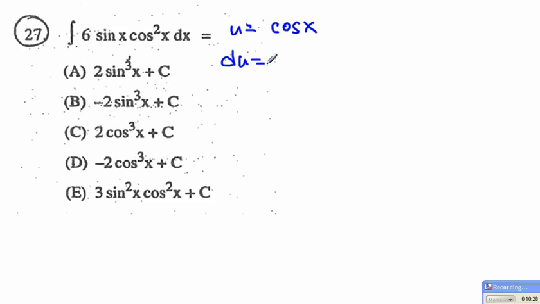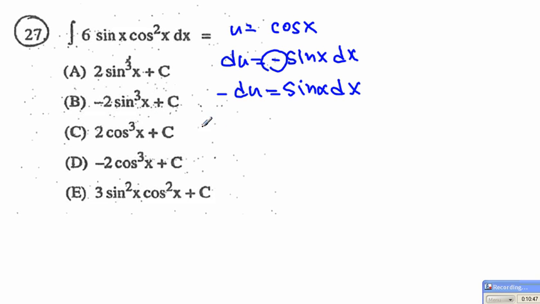And du here now becomes negative sine of x dx. So let's see if we have everything. Since we don't have negative in this case, I'm just going to bring that over. Then we get to realize negative du is equal to sine of x dx.